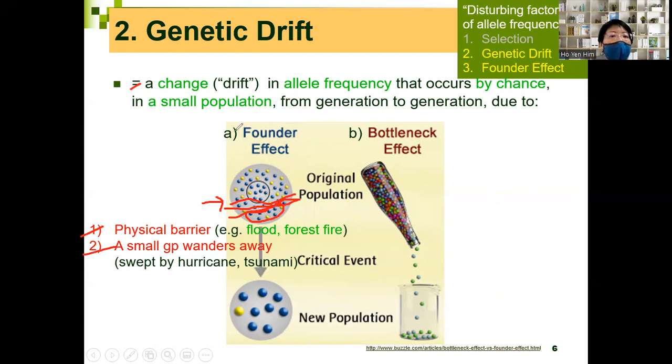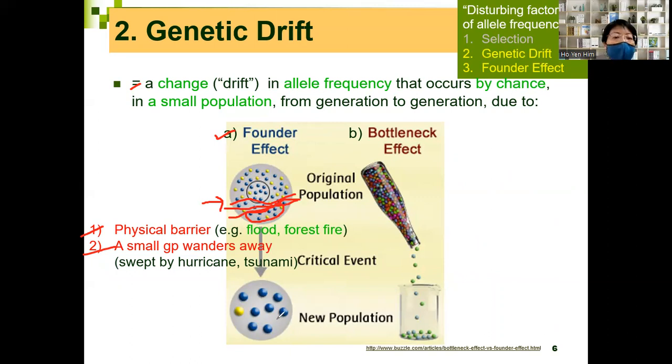That's why it's called the founder effect. Remember founder, this word is used to denote like when you discover a new land, right? And then you start to stay there. So you're the founder of that place. So this group of organisms are separated from the original population because of some natural catastrophe like flood or forest fire, and that makes them move away to somewhere.